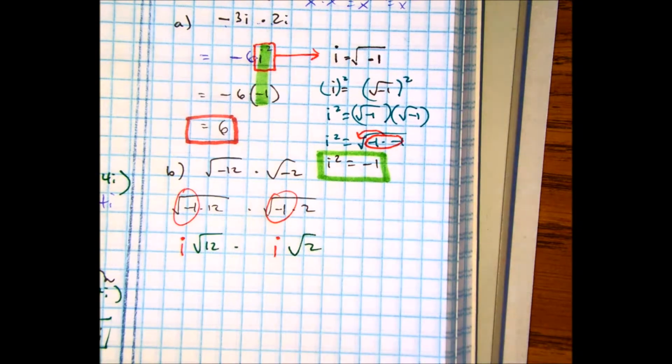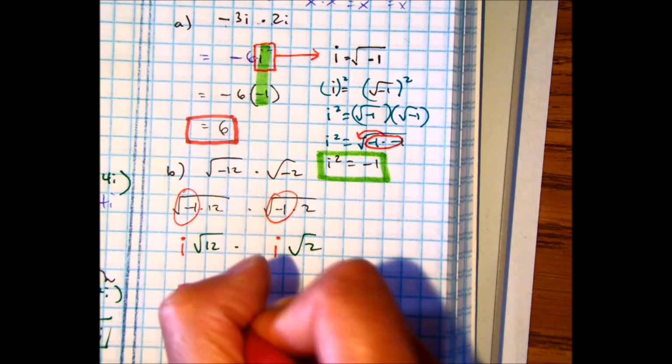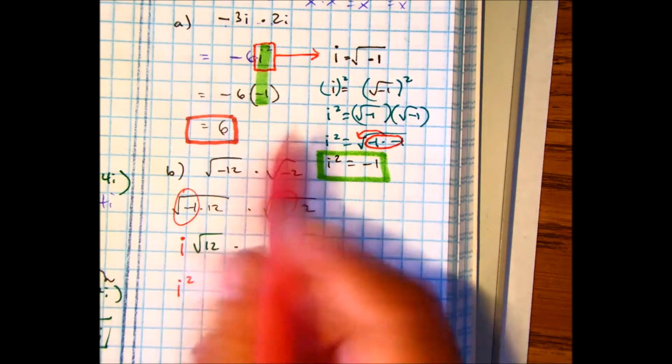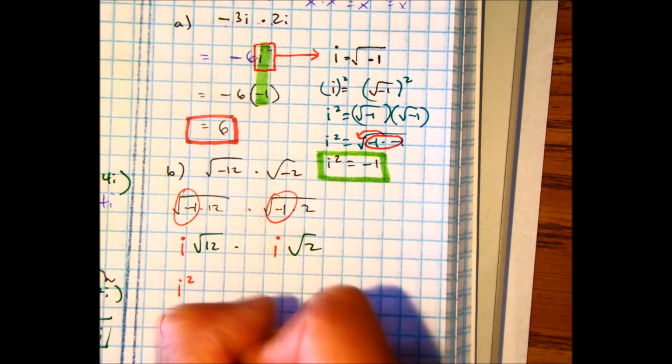Class, I times I is I squared. Partner B, tell partner A, what do you know about I squared? Andrea, I squared is equal to negative 1.